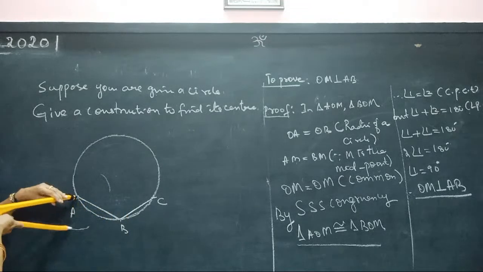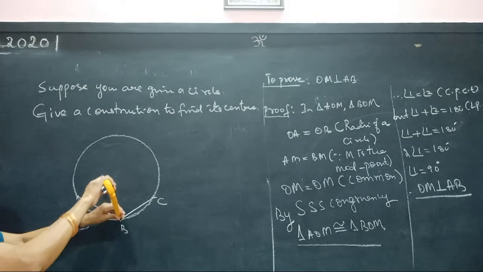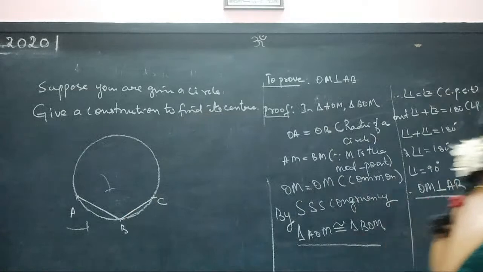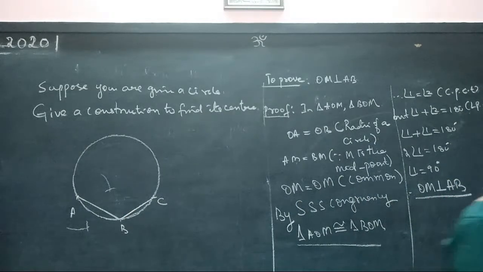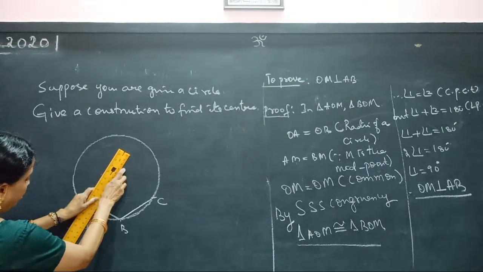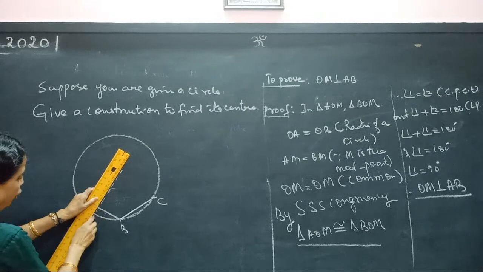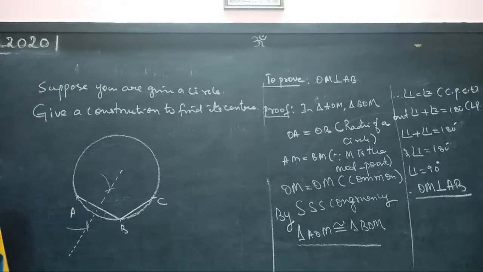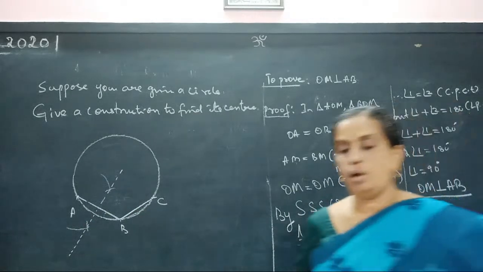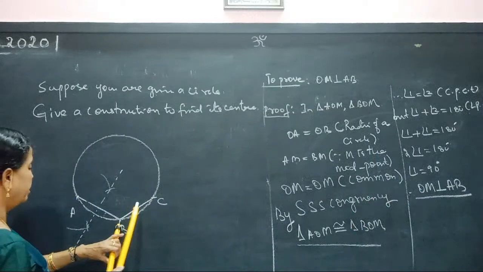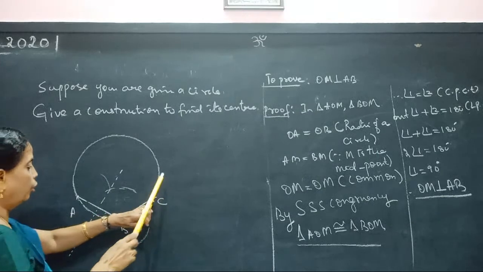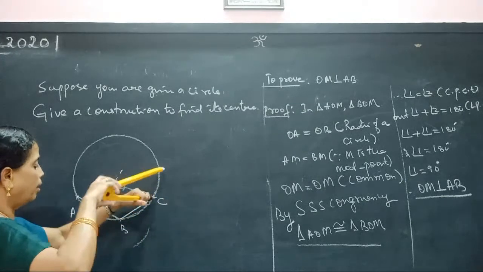Taking more than half of AB, cutting arcs on both sides using your compass, draw arcs and join the intersected arcs with the dotted line. Same thing, you do it for the side BC also, taking more than half with a convenient radius, cut off the former arc.